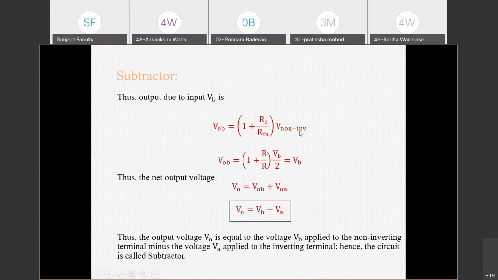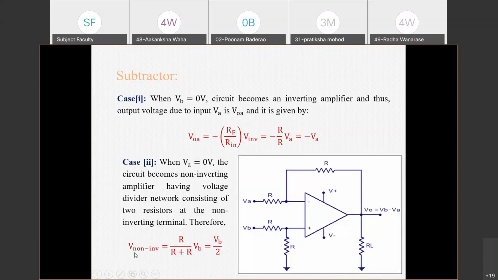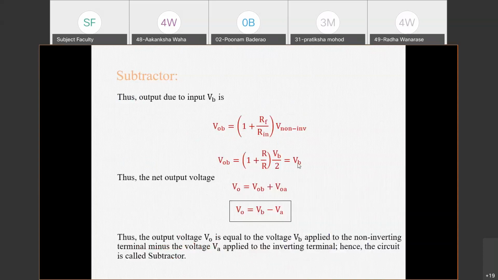And what is the value of V non-inverting? It is VB by 2. Just look here: the voltage at the non-inverting terminal is VB by 2. So again, I have put this value of V non-inverting as VB by 2. This value is 2.